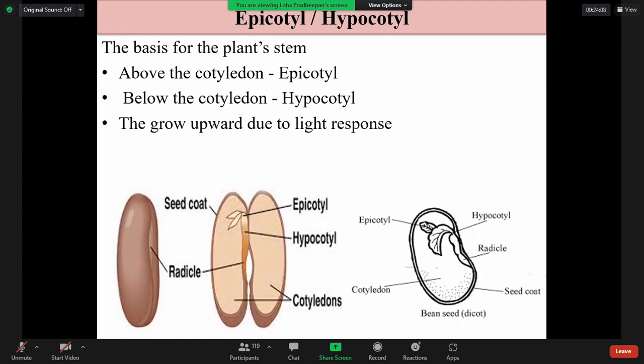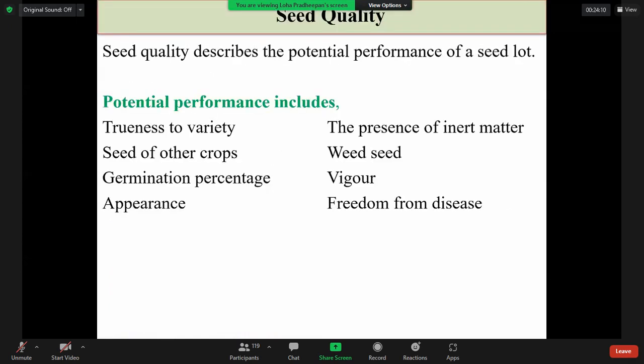Then we move to seed quality. Seed quality explains the potential performance or the overall performance of the seed lot. Under the potential performance, what are the things we look into?